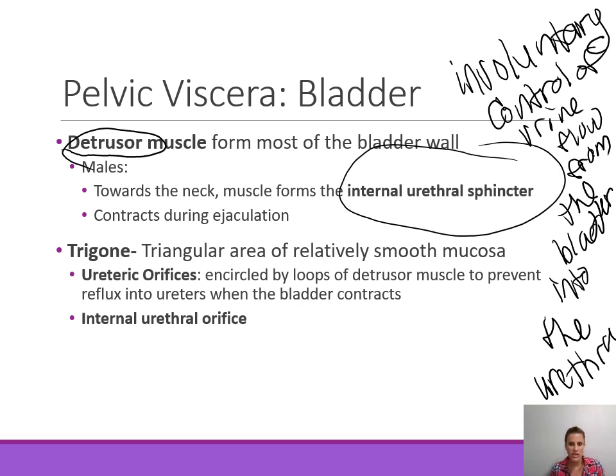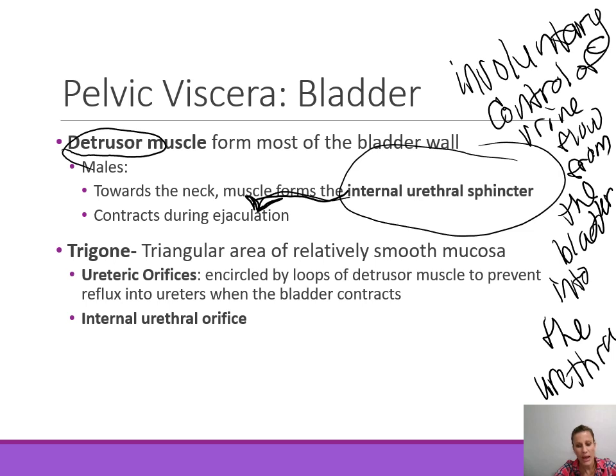In men, the internal urethral sphincter has an additional function. In men, the internal urethral sphincter contracts during ejaculation. Now, remember that the urethra allows urine to exit the bladder, but in men, the urethra also allows for semen to exit the penis through the urethra to be ejaculated.